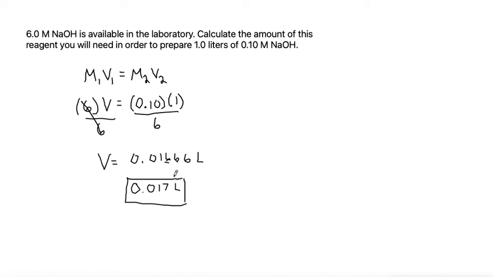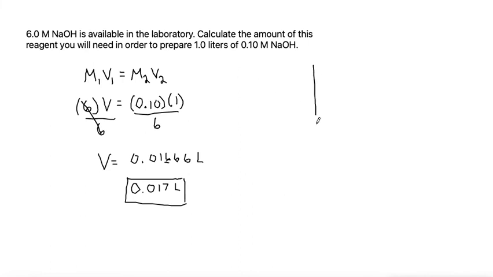But to expound on what this means, if I'm trying to make 1 liter of a 0.1 molar NaOH solution, I would need 0.017 liters of my 6 molar solution, and then I would fill the rest of that up to 1 liter.